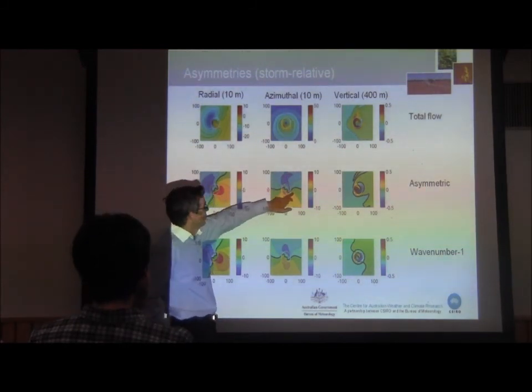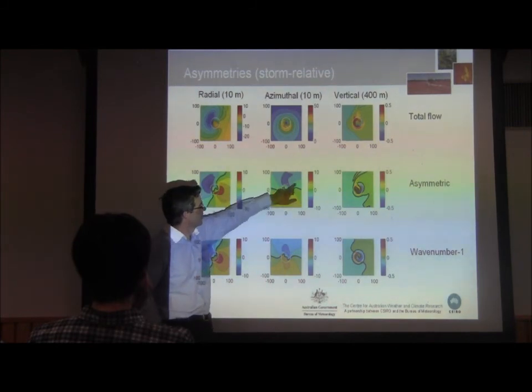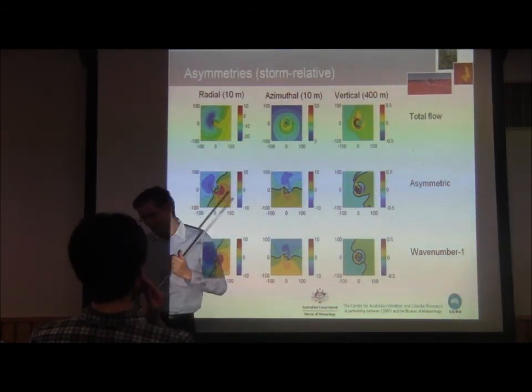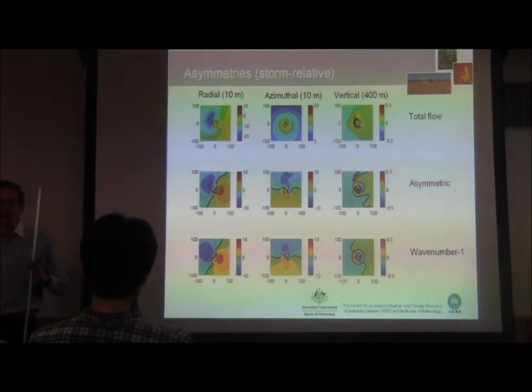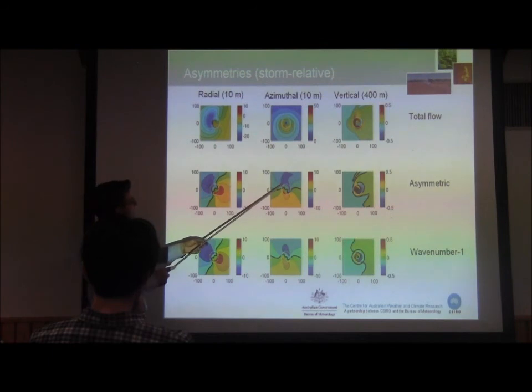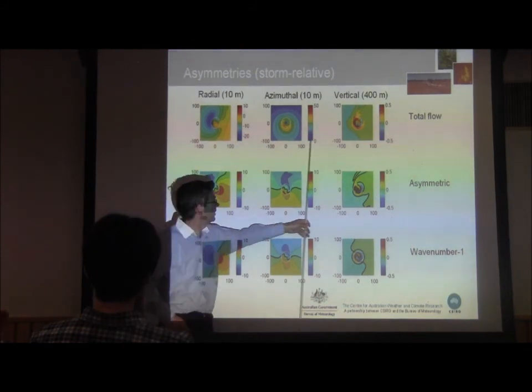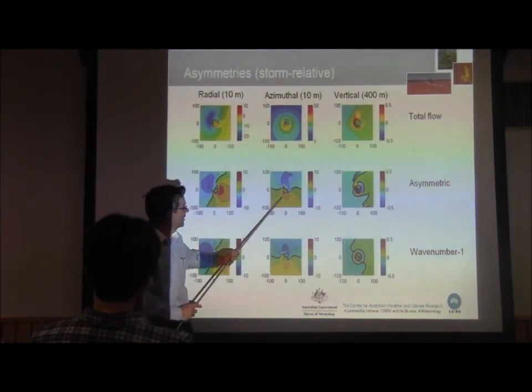If we look at the azimuthal flow, we've got our basic circulation going around like this. To the right of the storm, the airflow is in the opposite direction to the Earth's surface. The Earth's surface is moving past in this direction. The air is going around this way.